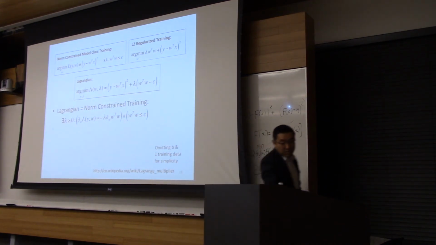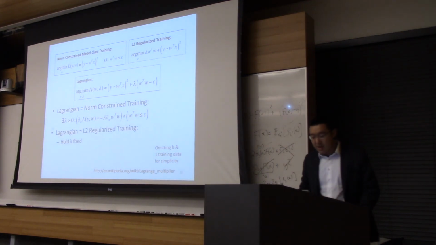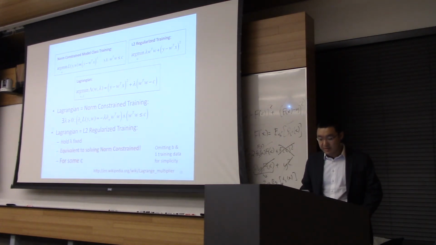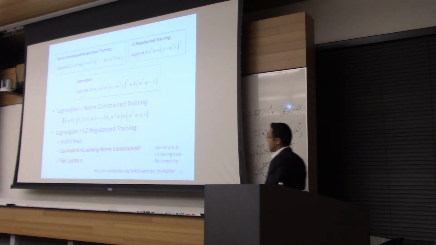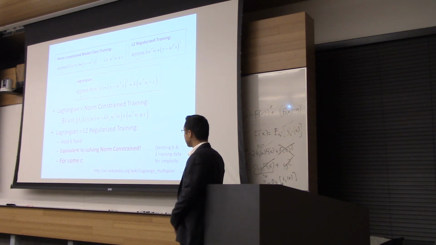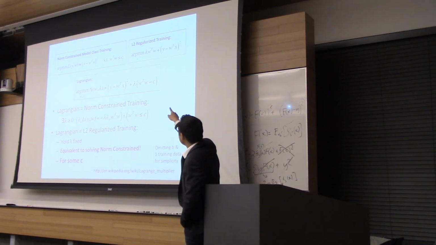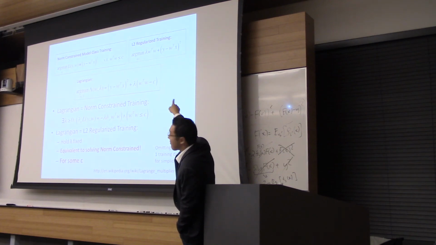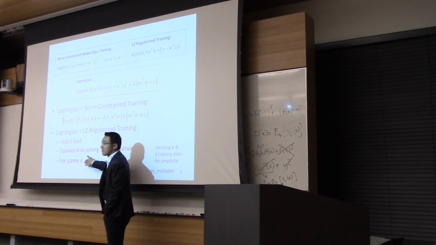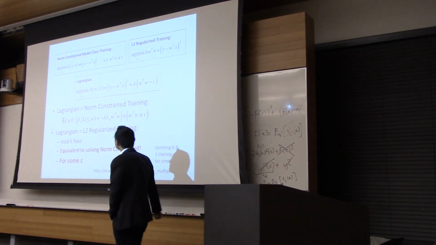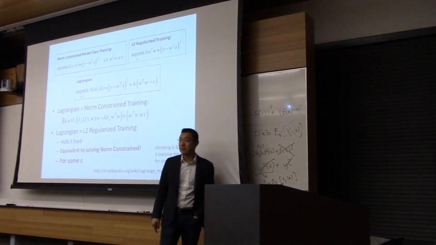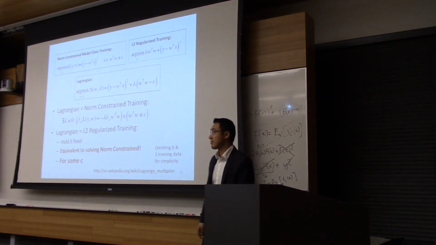And it turns out that if you hold lambda fixed, then it's equivalent to solving the norm constraint for some c. So for every choice of lambda in the conventional learning problem, there exists some c for which we are solving the norm constrained model class problem. And that's the relationship.